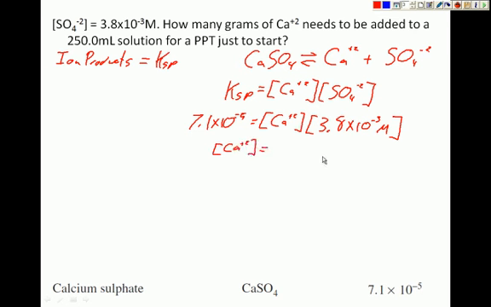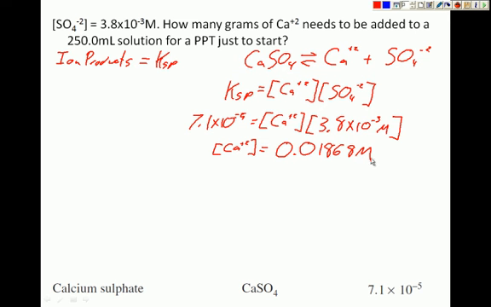And when we find that, it's going to be 7.1 times 10 to the minus 5 divided by 3.8 times 10 to the minus 3. And I did this calculation already, and we get a number like 0.01868 molarity.